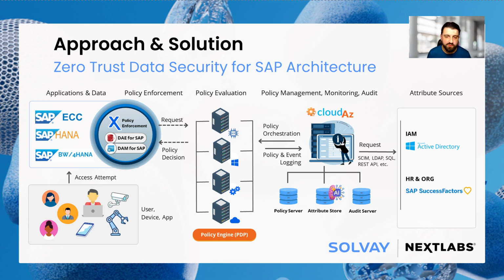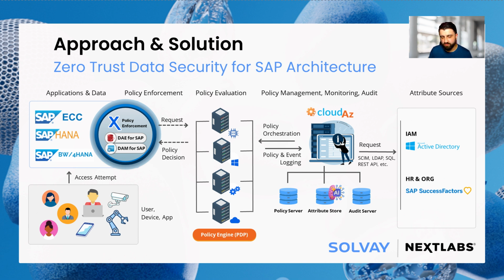And here I take the opportunity to explain the difference between the two. In DAM, what we implemented back in 2018 and 2019, you need to have what we call an interception inside of the object that you are trying to protect. For example, let's take CS03, the display view of material transaction in SAP.